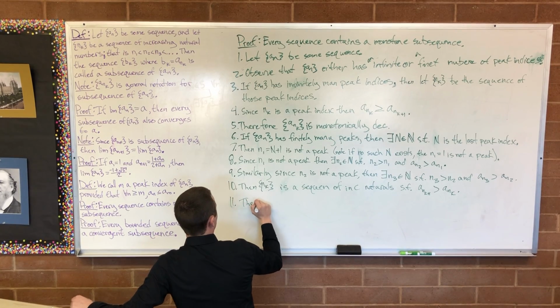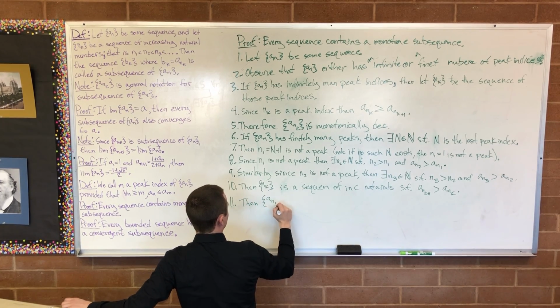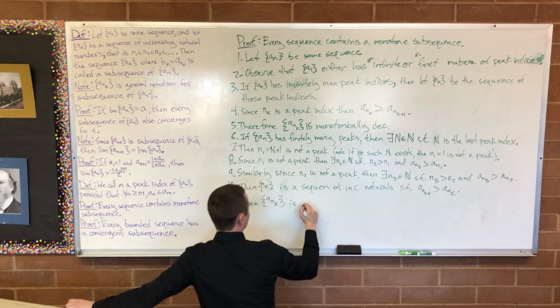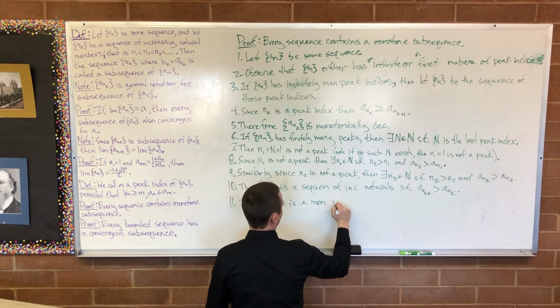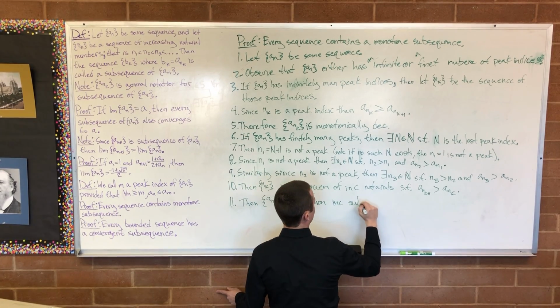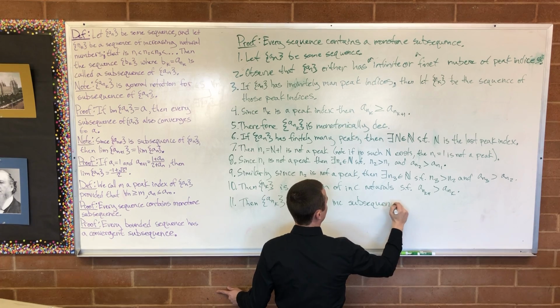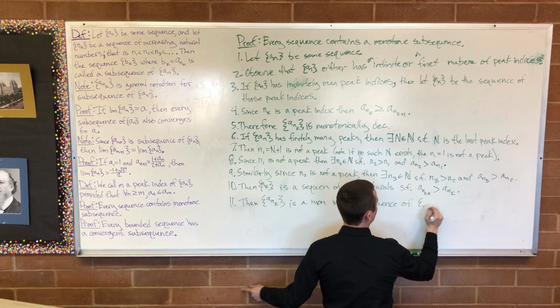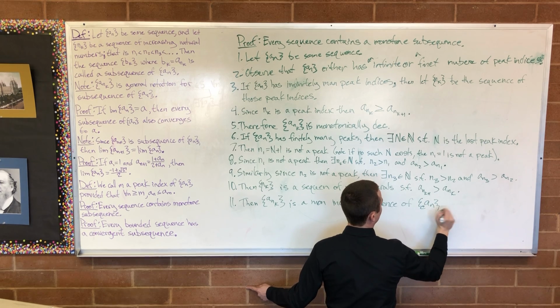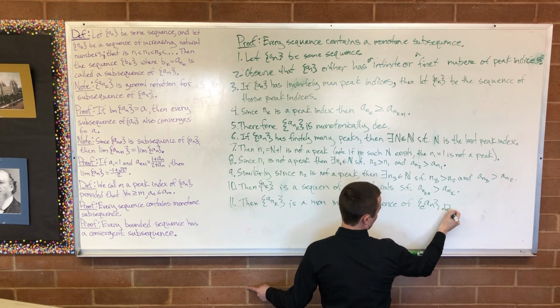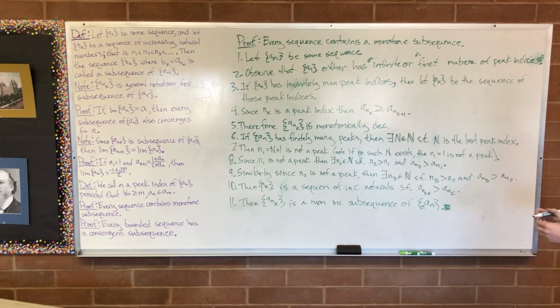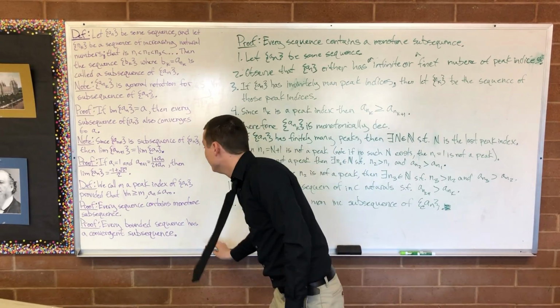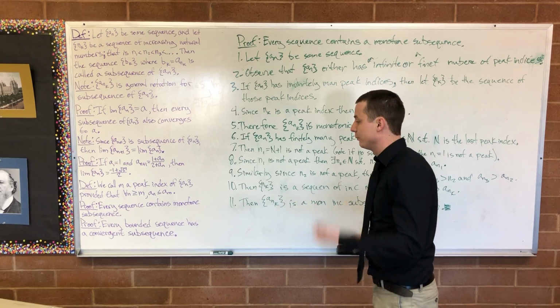Then a sub n sub k is a monotonically increasing subsequence of a sub n. Right? Good? Yep. Alright, so that is the proof that every sequence contains a monotone subsequence.